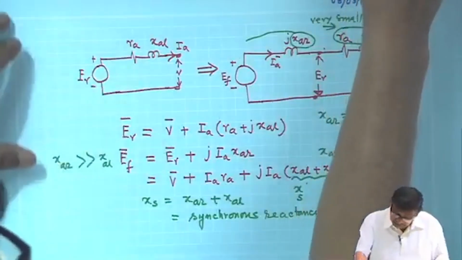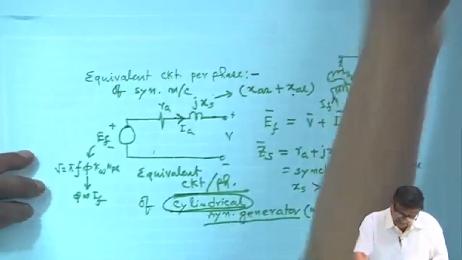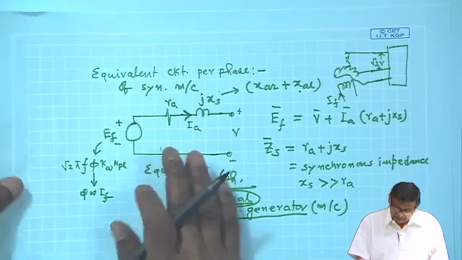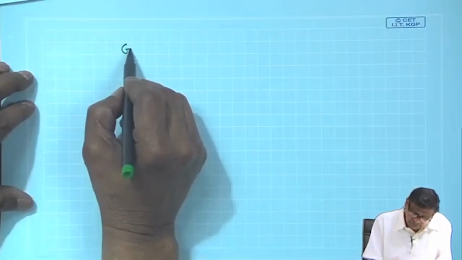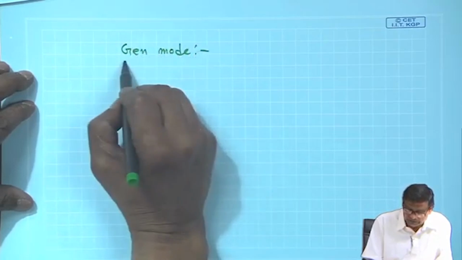Before that, I will draw the phasor diagram of the synchronous machine. So, generator mode, follow me very carefully what I am doing.